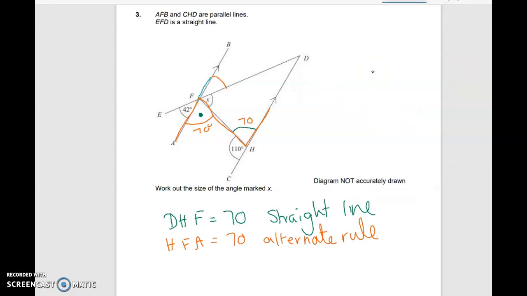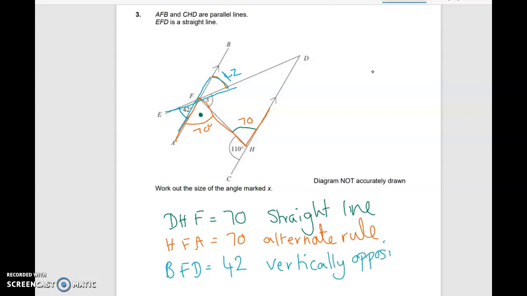So here we have an X, which is vertically opposite. So this angle in here is the same as this angle in here. So this is also 42. Okay, so the angle BFD is also 42, and that's because of vertically opposite.